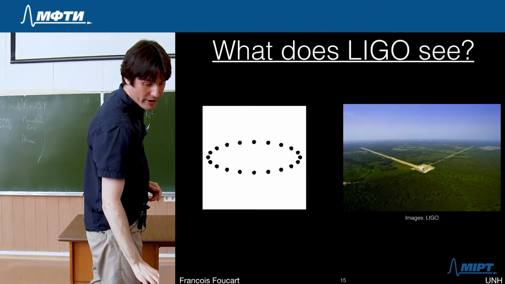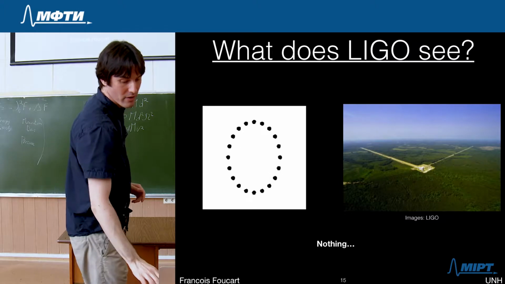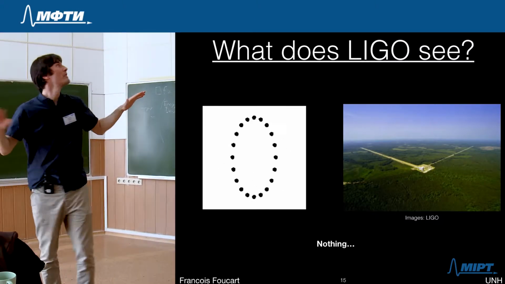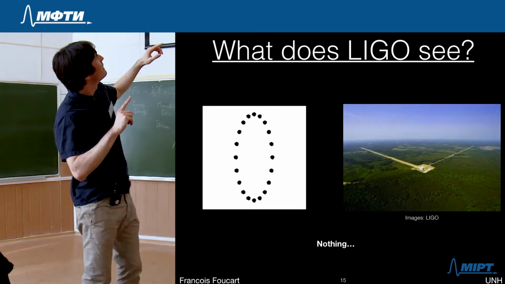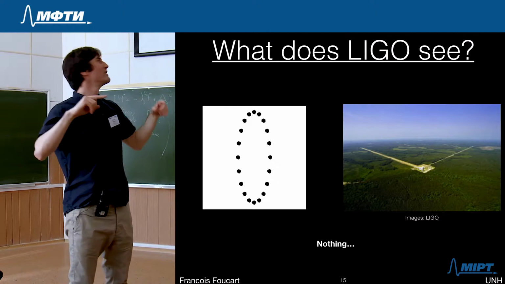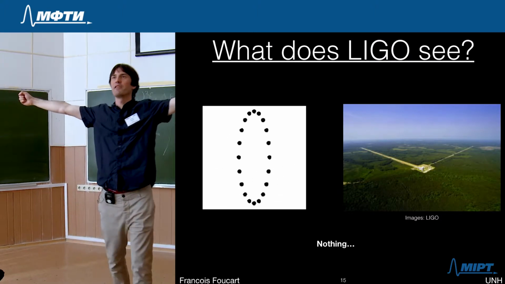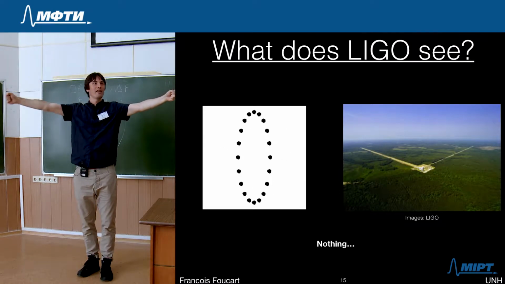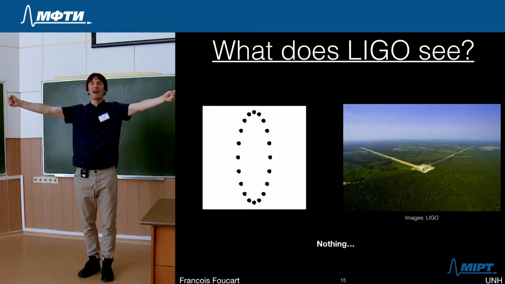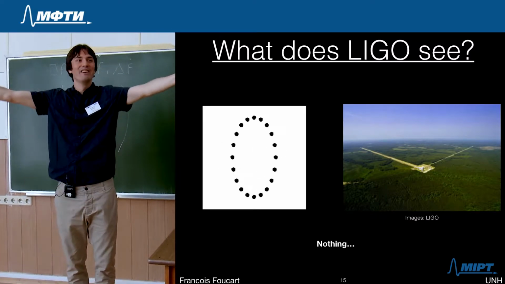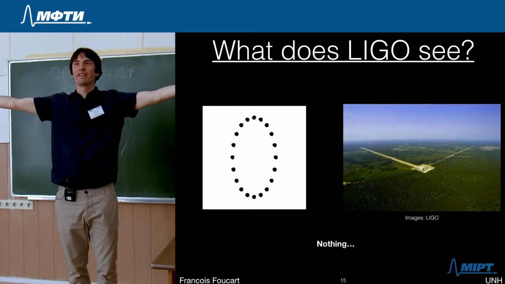Okay. There are actually also directions from which LIGO is sensitive to no waveform polarization. If you have gravitational waves which you imagine come in the plane of the detector, so let's say I'm the detector and the gravitational waves come from you towards me, then whichever polarization I get is going to change both arms of the detector at the same time, and I cannot see anything.